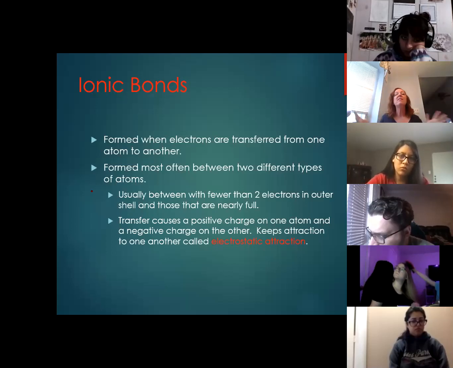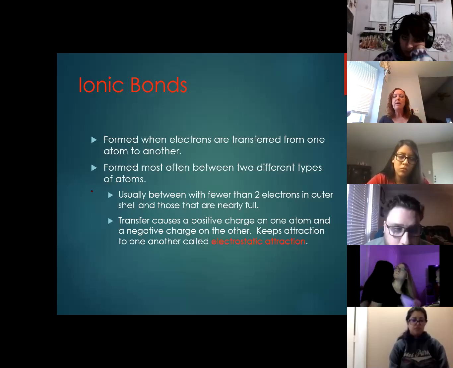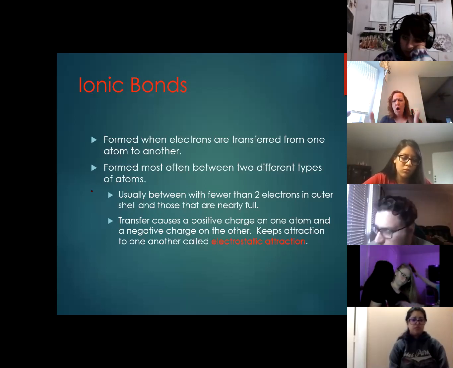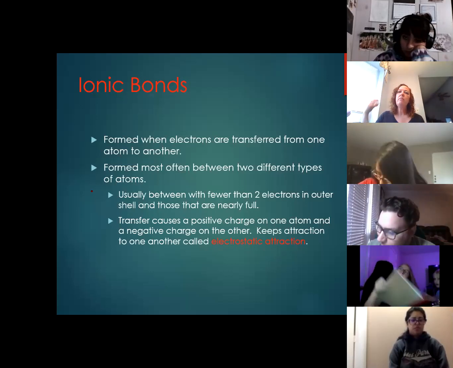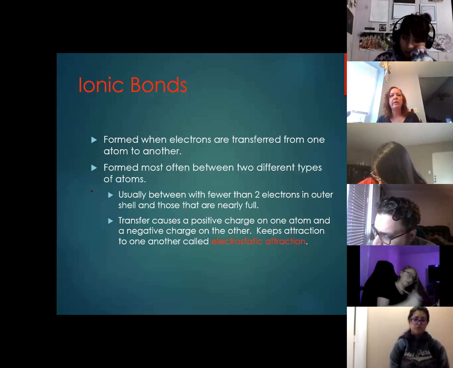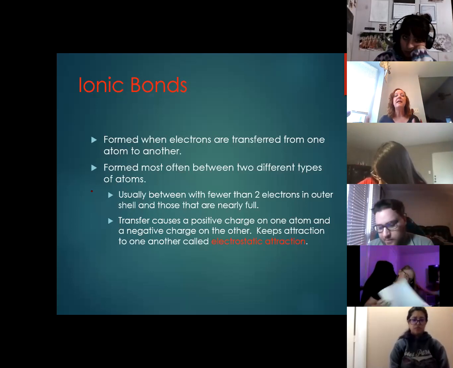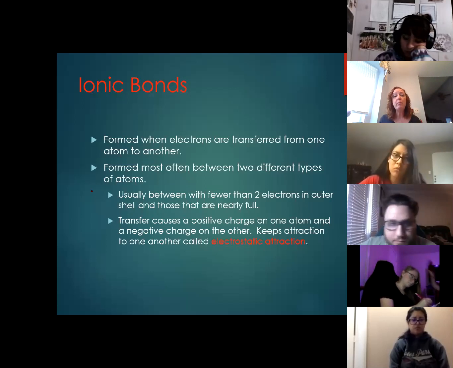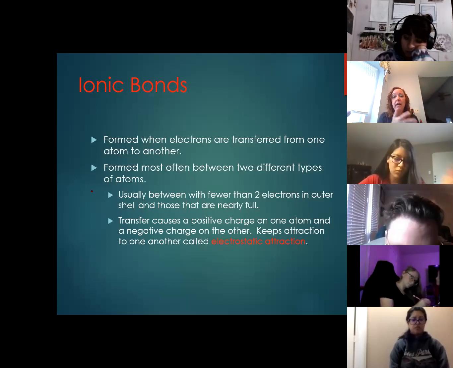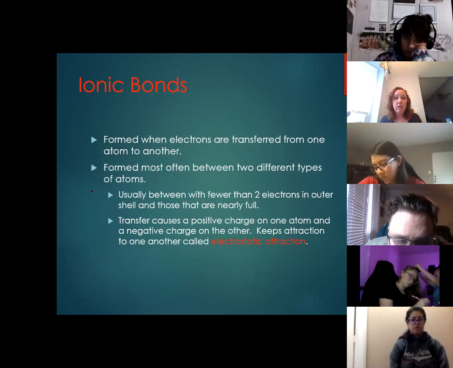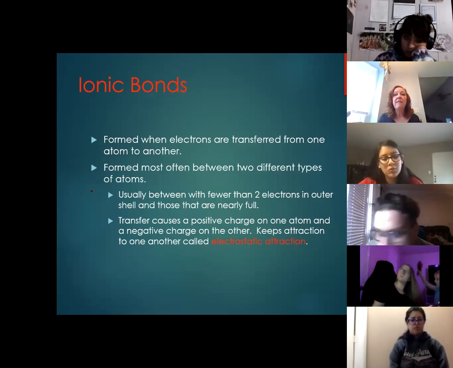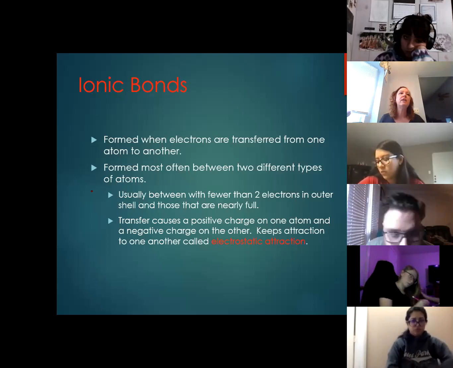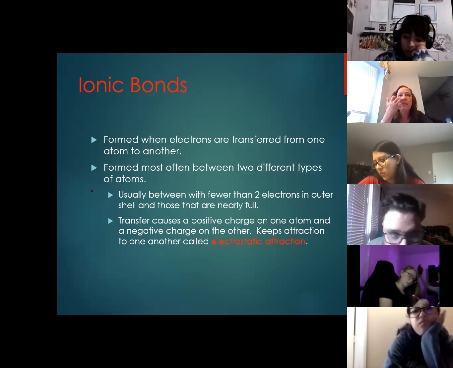I think of electrons kind of like feelings. If I lose negative feelings, I become light, I become positive. If I start taking on negative feelings, suddenly I'm negative and I don't feel good. These two opposites are going to attract, and that is the definition of an ionic bond. Remember, ion is when we gain or lose an electron. Ionic has the suffix ic. I don't know how far you guys have gotten in your medical terminology. Have you gotten into your suffixes yet?